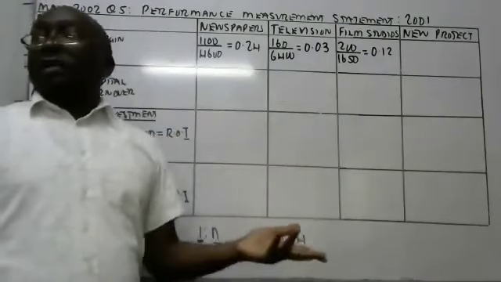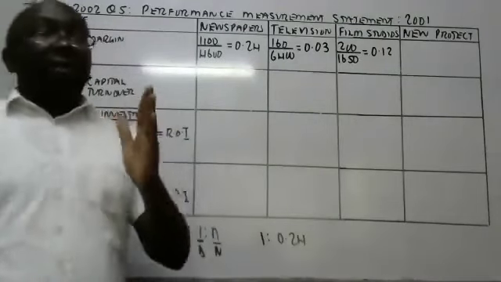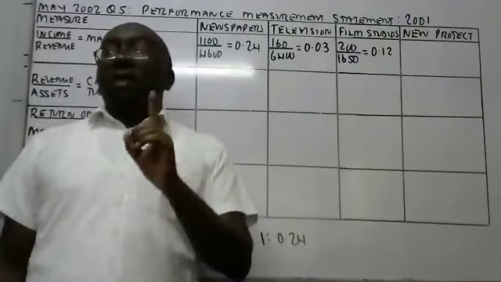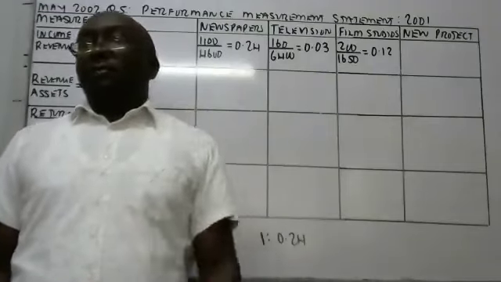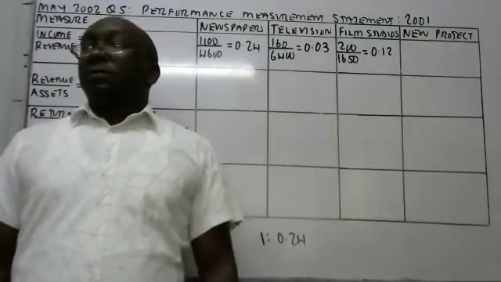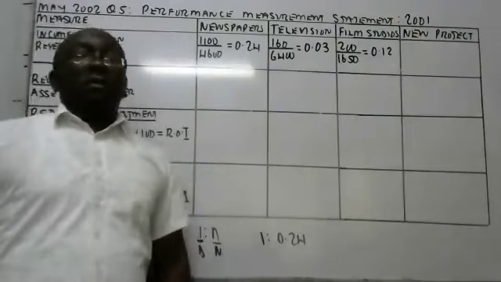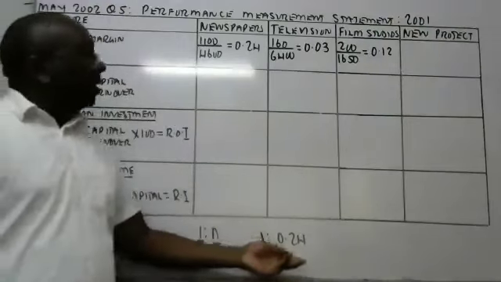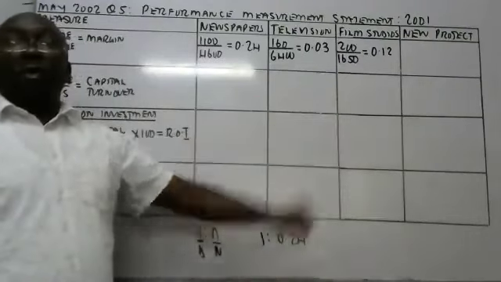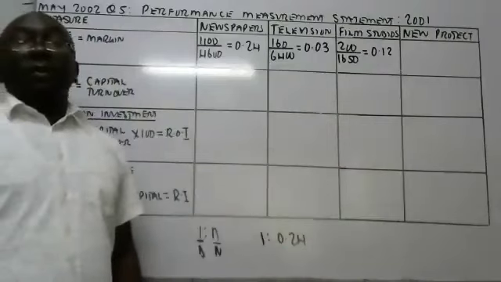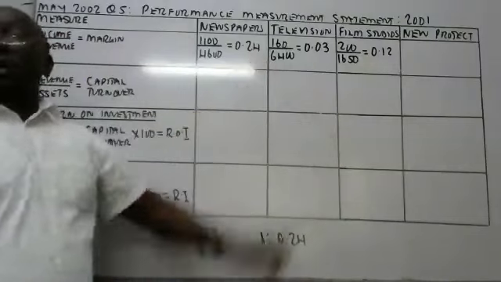Or in terms of 100 so that we remove the decimal: for every 100 shillings of sales you make, you have a profit of 24 shillings. Is that okay? I'm insisting on that because I know when we get to other questions people start asking how we are getting that. We need to know how to interpret ratios. For every 1 shilling of sales, this is the profit that you are making.